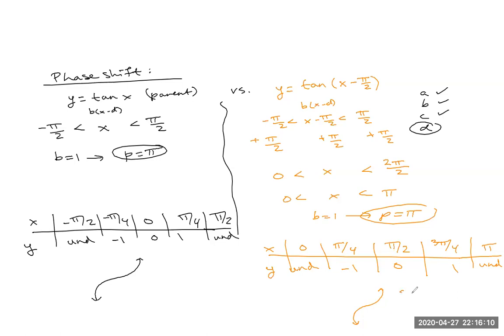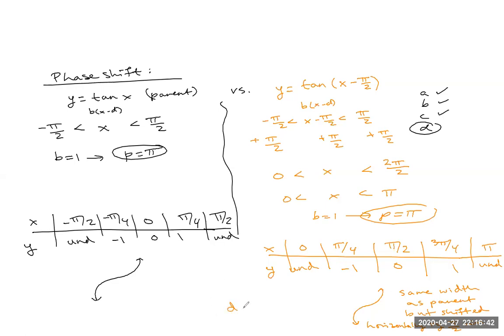It'll be the same width as parent, but shifted horizontally by pi over 2 units. And which way did it shift?